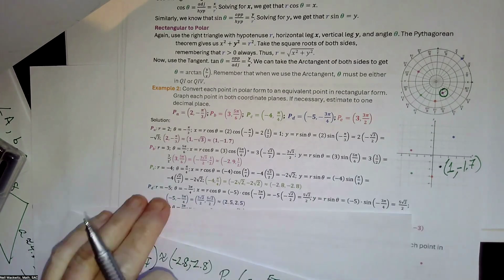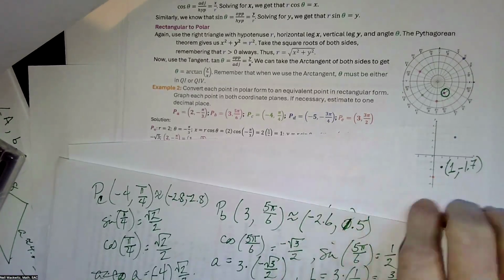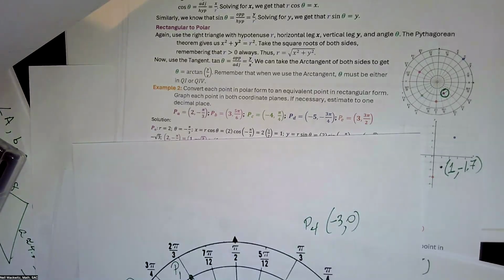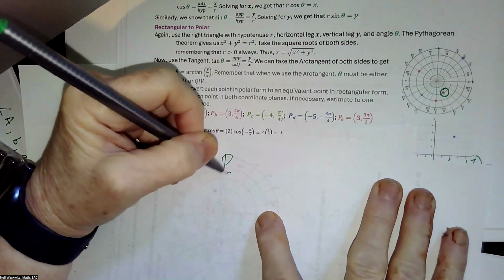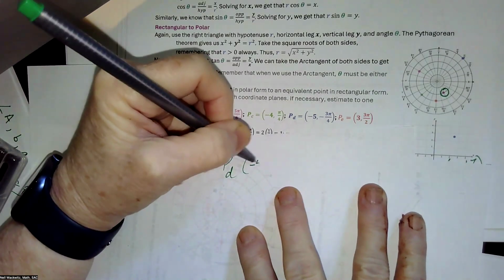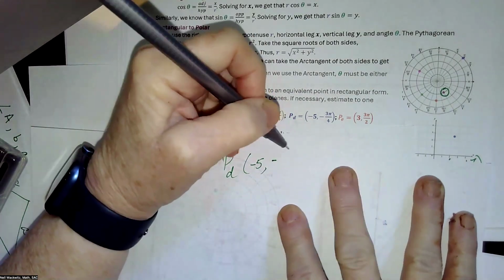And point D. Oh, there it is. (-5, -3 pi over 4).